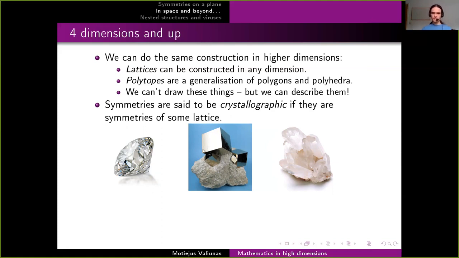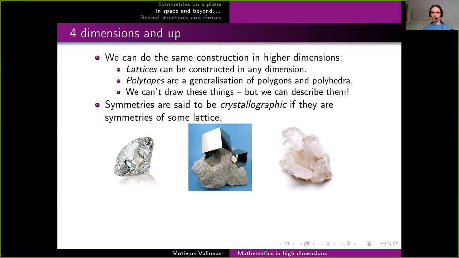Even in the middle picture, you can see that these minerals have a nice structure. They look like cubes. It's because when you look closely at how the atoms are arranged, you can see that they are arranged very regularly, like points in a lattice.